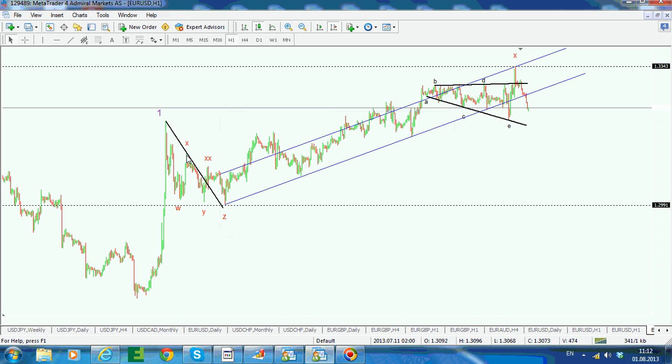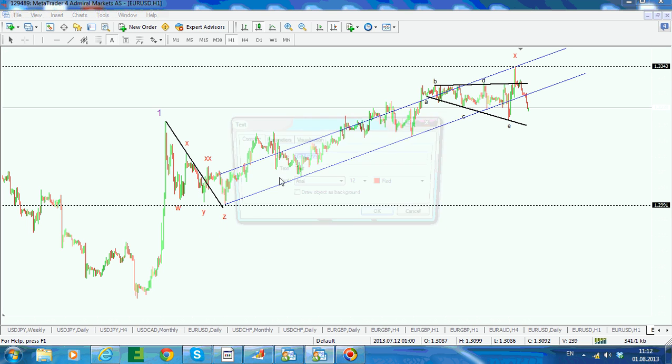And there you go, this is the first correction.